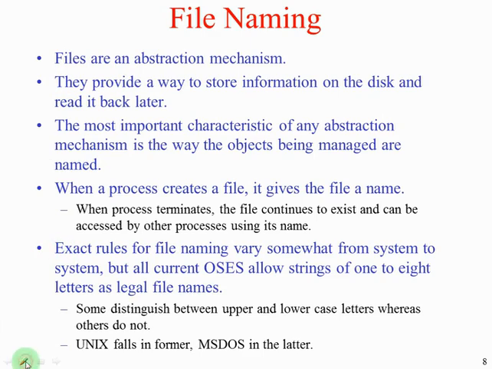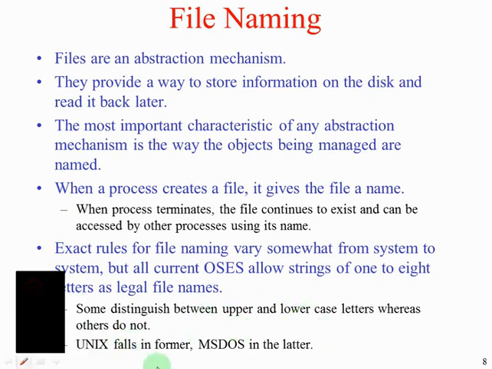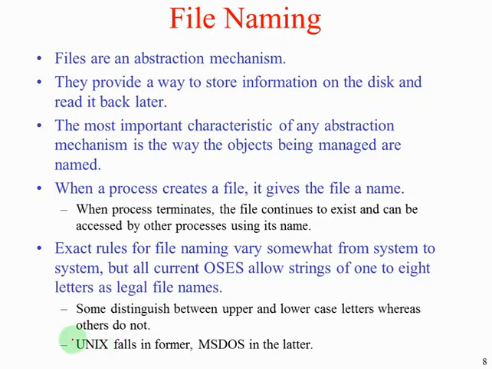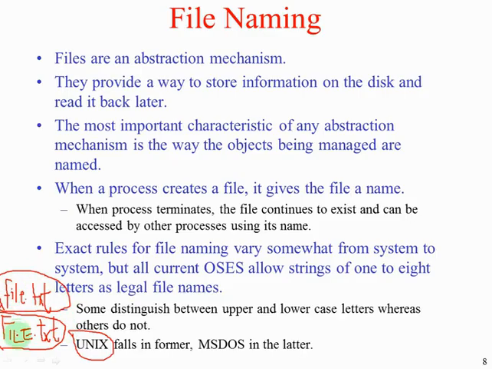For example, suppose in Unix I have a file called file1.txt, written in small letters, and another one written in capital letters, FILE.txt. In Unix you will recognize that this file is a different file from this one, though the spelling of the file names is the same.